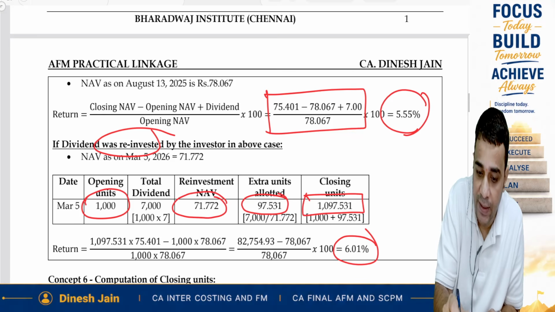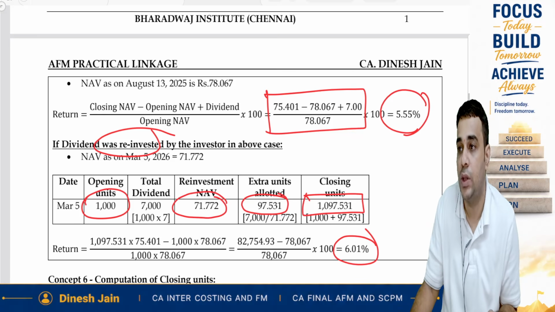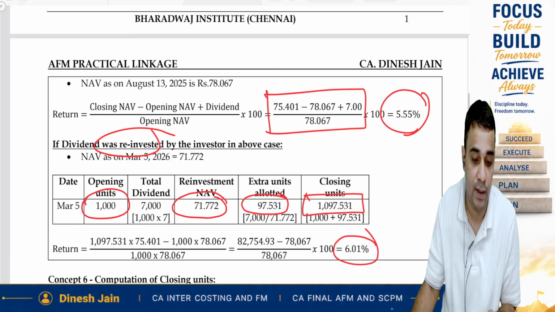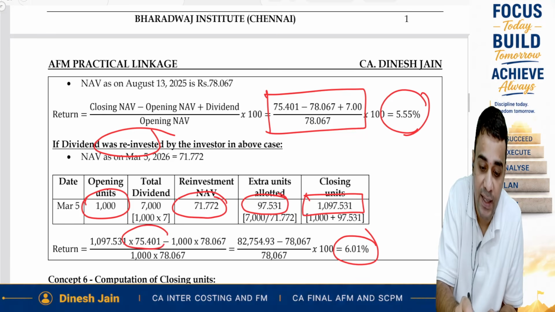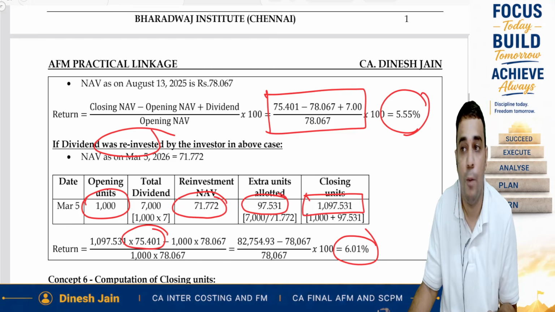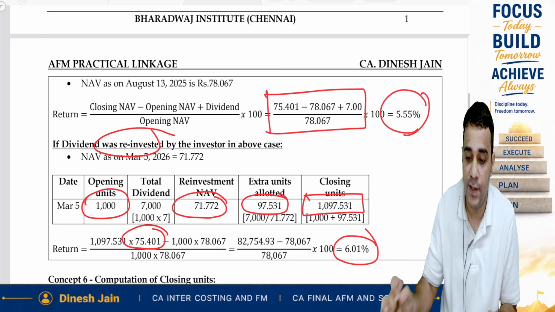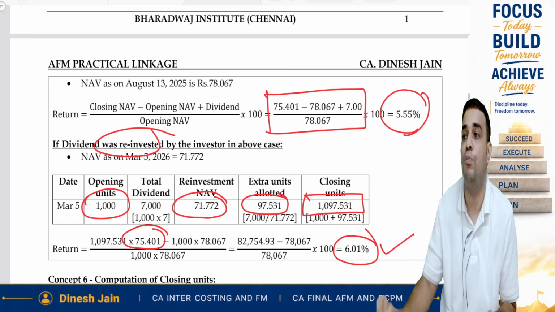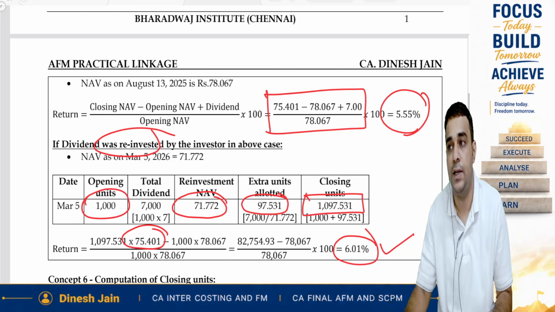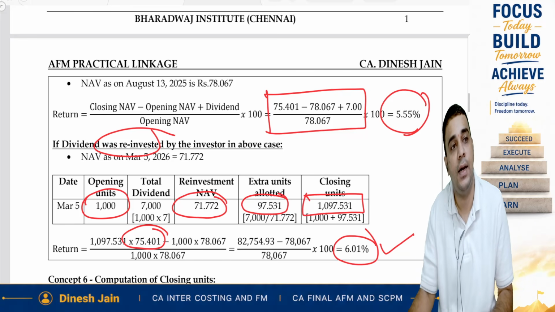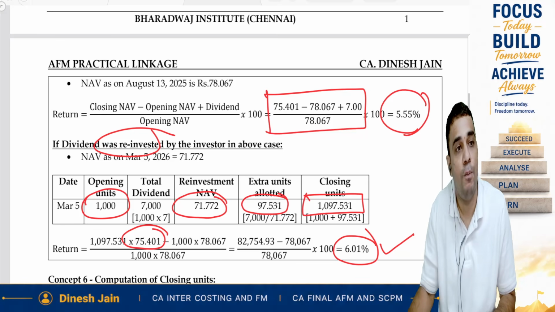Reinvestment happened at 71.772. This is that HDFC Flexi Cap plan. Closing NAV was 75.401, higher than the reinvestment NAV. Reinvestment gave more returns than the payout plan.